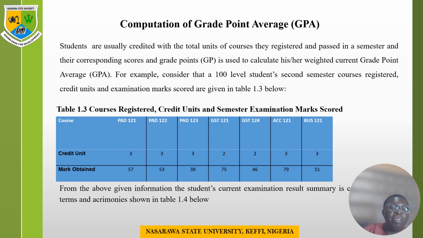And the marks obtained are: PAD121 is 57, PAD122 is 53, PAD123 is 38, GST121 is 75, while GST124 is 46. ACC121 is 79 and BOS121 is 51. From the above given information, the student's current examination results summary is considered in terms of acronyms as shown in table 1.4 below.